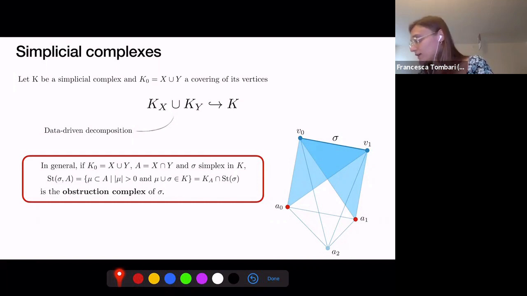Indeed, A0 together with V0 and V1 forms a two-simplex, and the same for A1. However, the one-simplex A0, A1 is not part of the obstruction complex of sigma. Indeed, there is no tetrahedron A0, A1, V0, V1 in the simplicial complex.